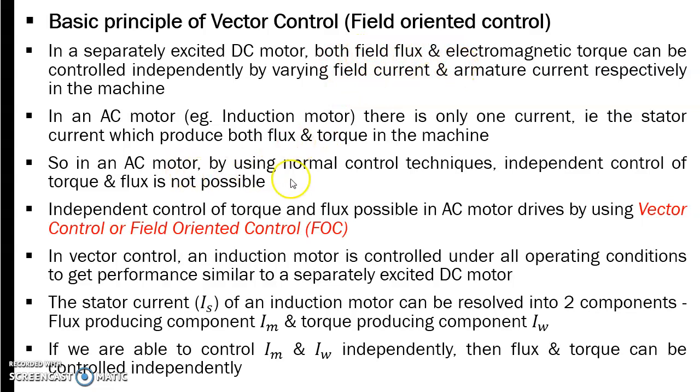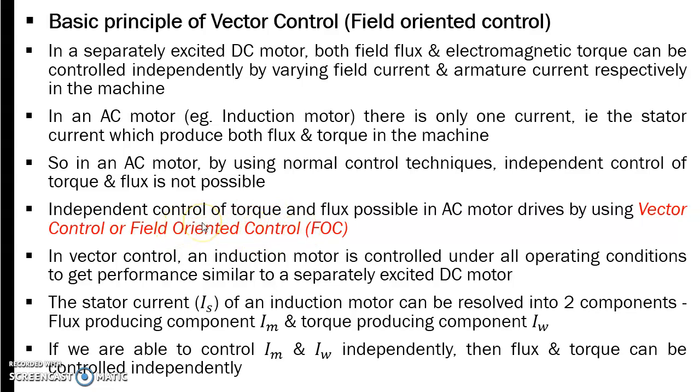In an AC motor, by using normal control technique, independent control of torque and flux is not possible because we have only one current. So if you want to achieve independent control of torque and flux in AC motor drives, you need vector control, also known as field oriented control.